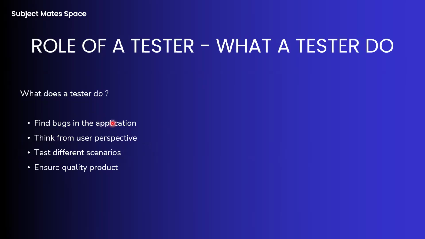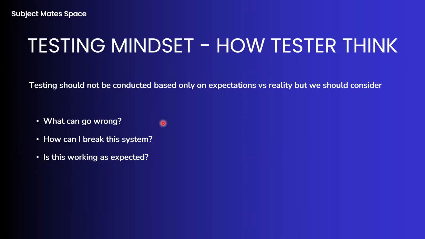Rather than just finding bugs in the application, a tester should break the application. In normal scenarios, once a product is developed, the functionality will work well once it is tested correctly. But every time, a tester should break the system.